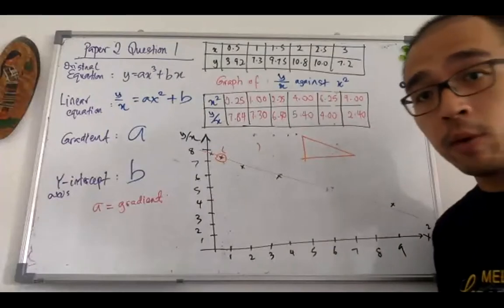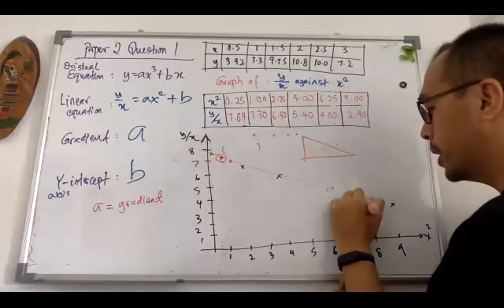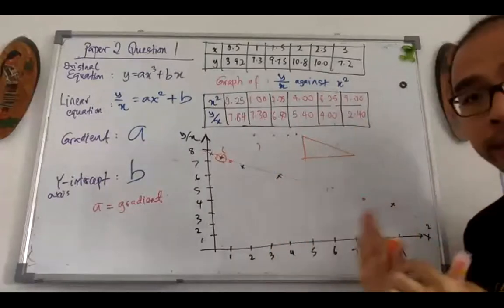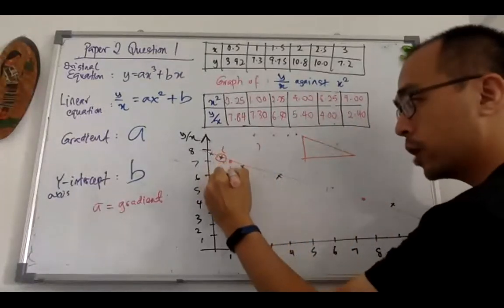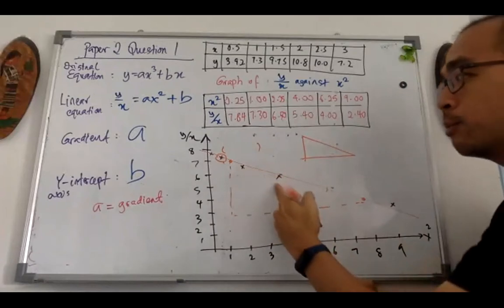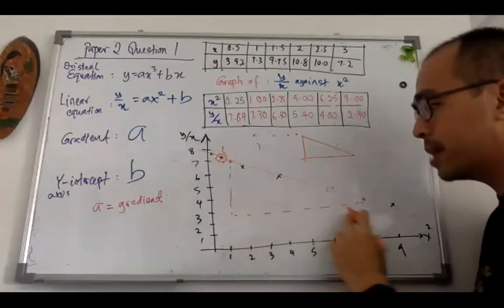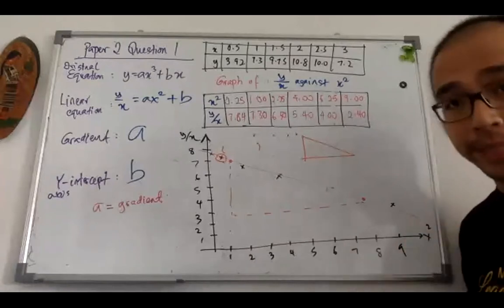Sometimes some places are easier to read. Let's say saya pilih somewhere over here and somewhere over here, because dia kena ngam-ngam pada garis. You can always choose this point also if you want. You don't have to choose yang kamu plot itu, tidak payah kau pilih itu. Tapi syaratnya adalah the triangle must be very, very big.